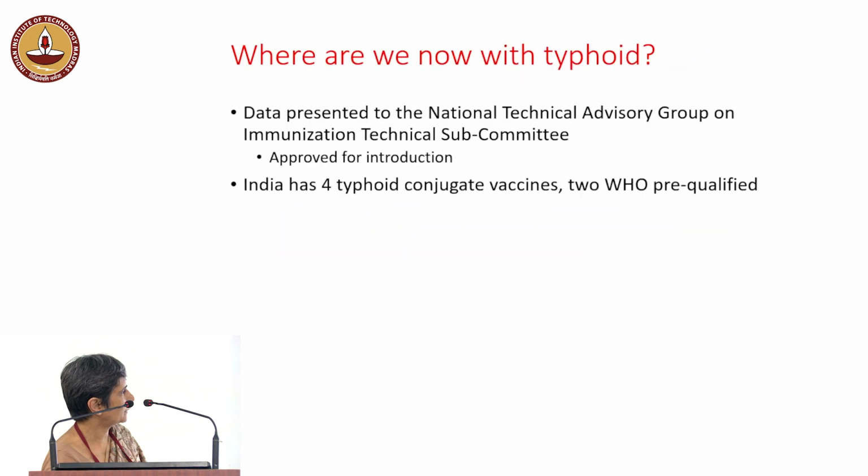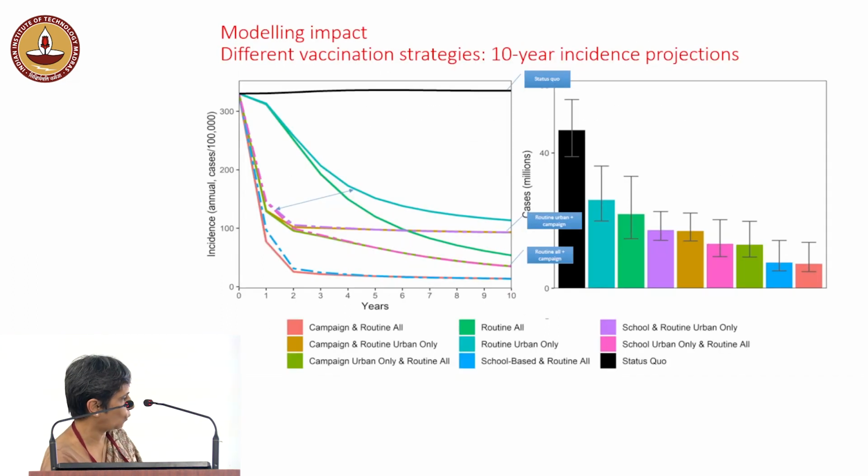So what we actually did was to model all kinds of introductions, because again, the program doesn't necessarily want to introduce a new typhoid vaccine until you show them what impact vaccination might have.